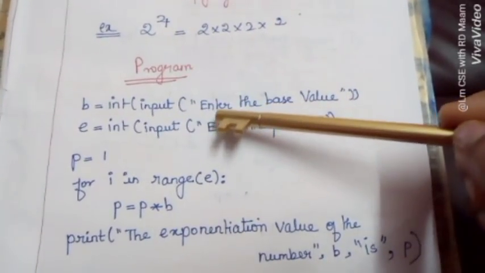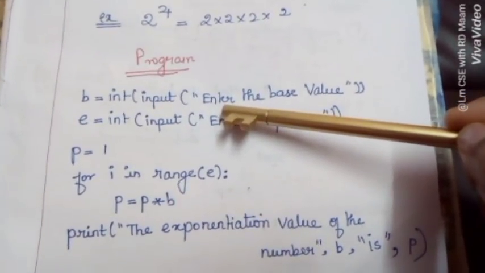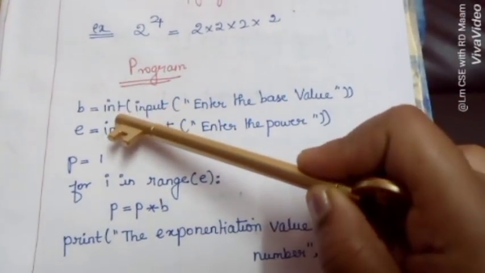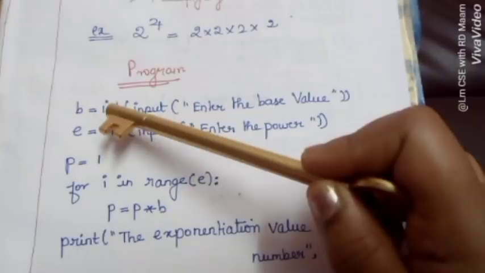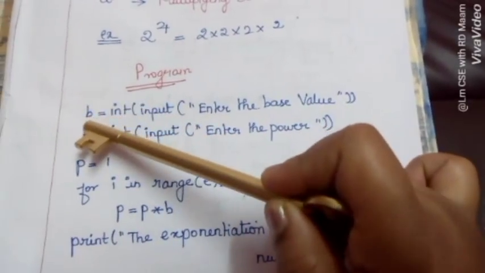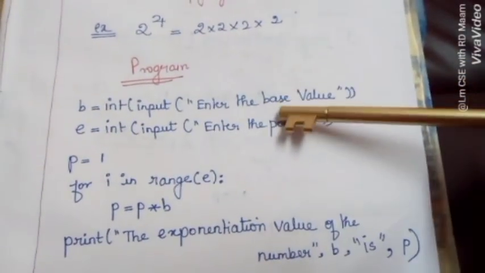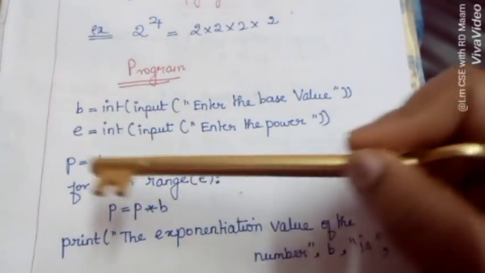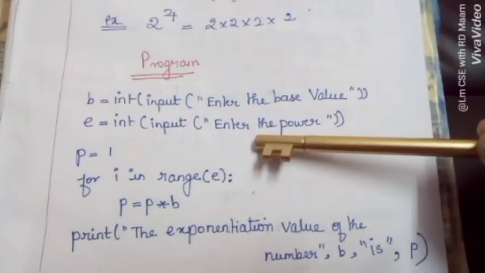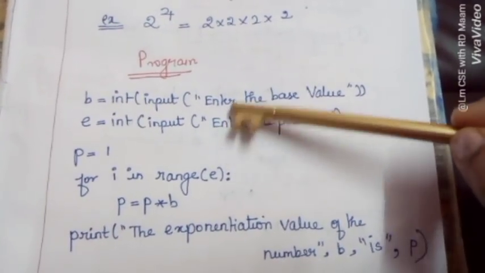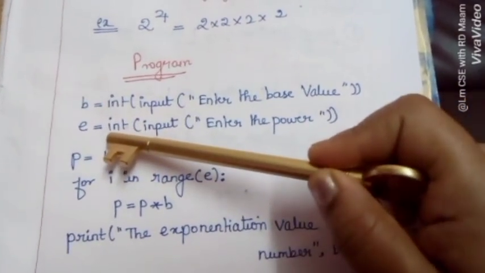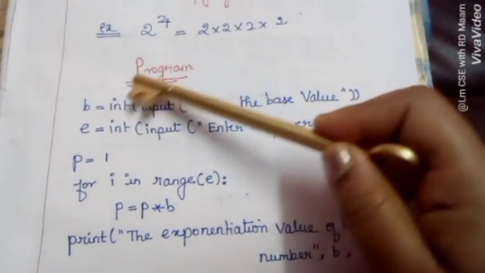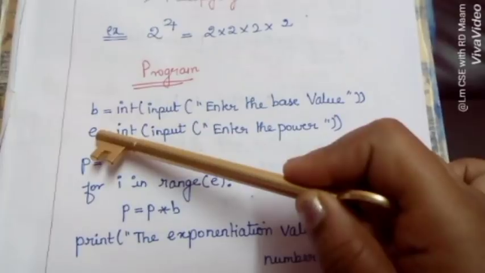Seeing this statement, the user will enter a value, which is my input of int data type, and I'm going to store that value in the variable b. The second input is "Enter the power", which is also my input of int data type. The power I'm going to save in the variable e.